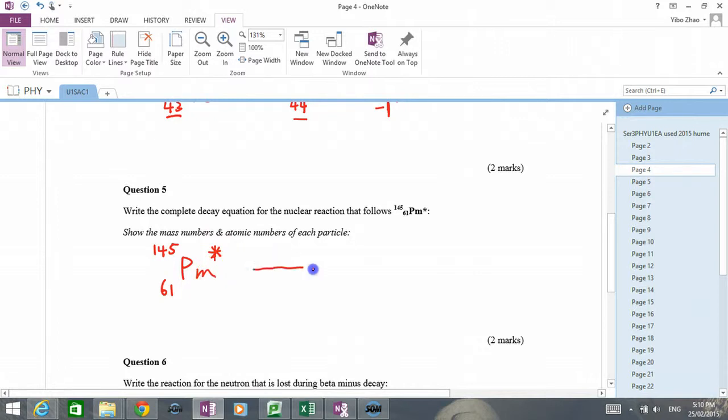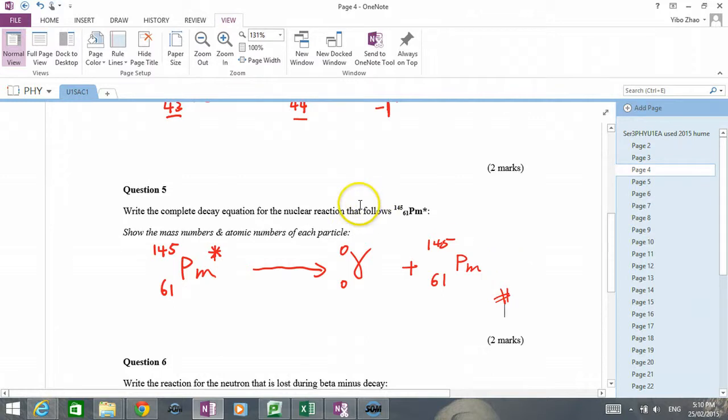After that, it will release gamma radiation with 0, 0. Note that the atomic number of gamma radiation is 0. So the atomic number of the new element must be the same, 61, because the atomic number didn't change, and the mass number is going to be the same, 145, because 145 plus 0 gives me 145. That's the equation down.